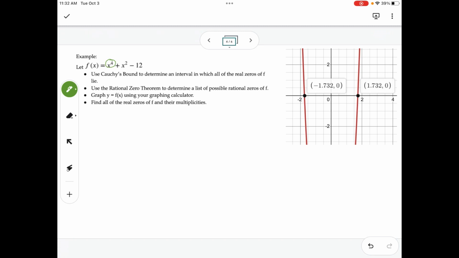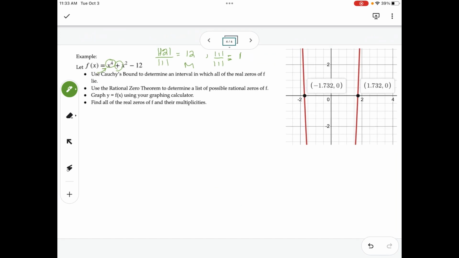First of all, let's use Cauchy's bound to determine our m value. So I look at 12, and I'll take the absolute value of 12 over the leading coefficient of 1, which is 12 over 1 or 12. And then I'll have the absolute value of 1 over the absolute value of 1, which of course is 1. So our m value is 12.